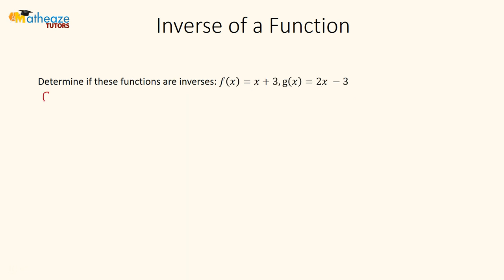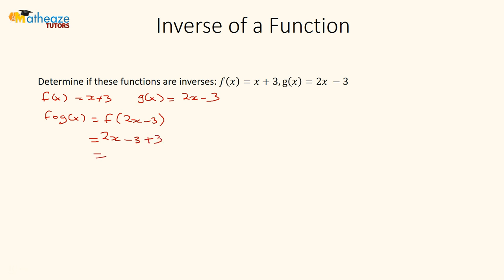Now we have f of x equal to x plus 3, g of x equal to 2x minus 3. f∘g of x is going to be f of 2x minus 3. So this is going to give us 2x minus 3 plus 3, which is going to give us 2x. So they are not inverses.